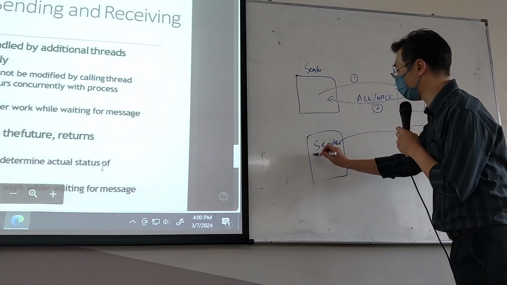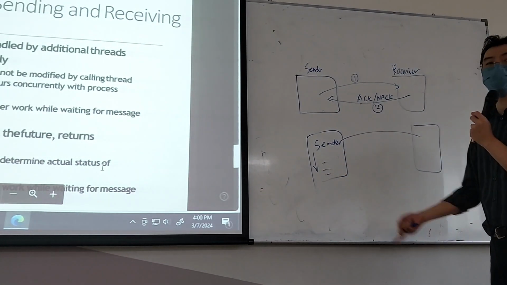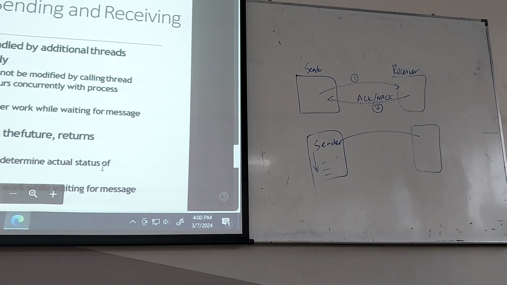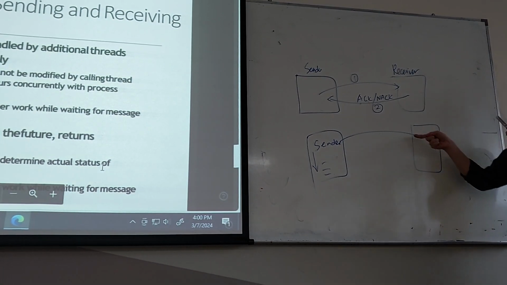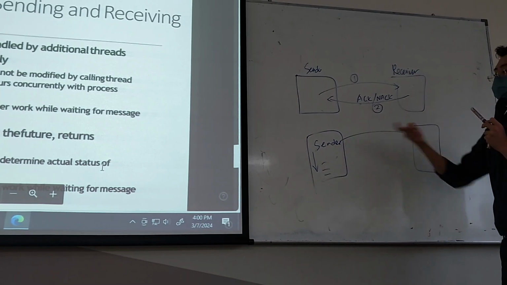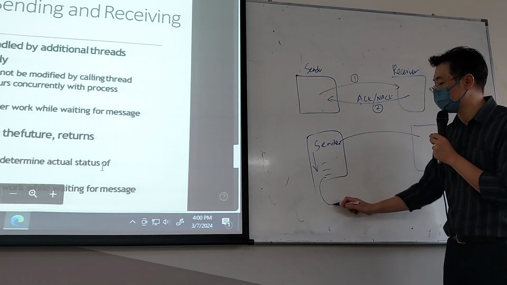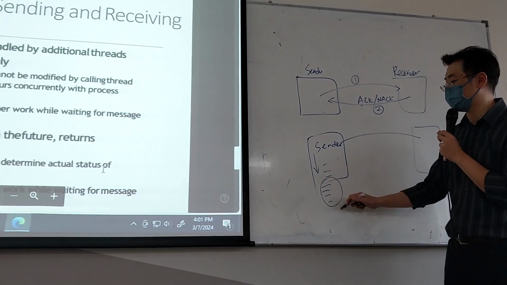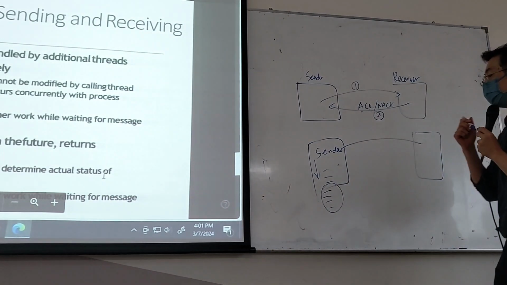He will continue on to do his job, and he can do any other job, until the receiver receives it and eventually sends the acknowledgement. When it is done, you can process it further, say you return the result.